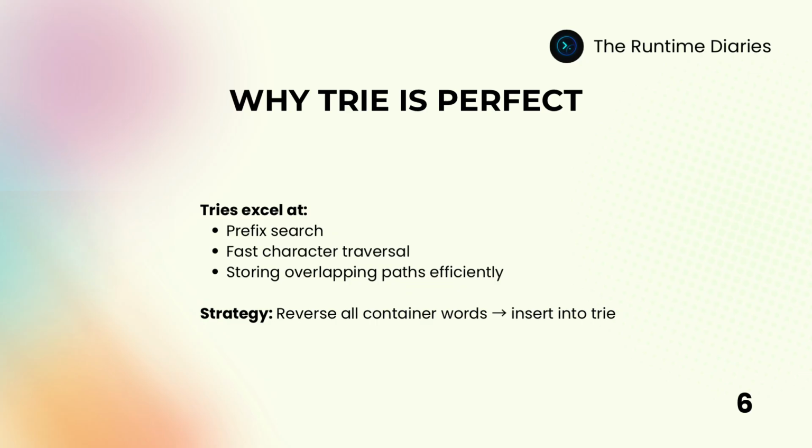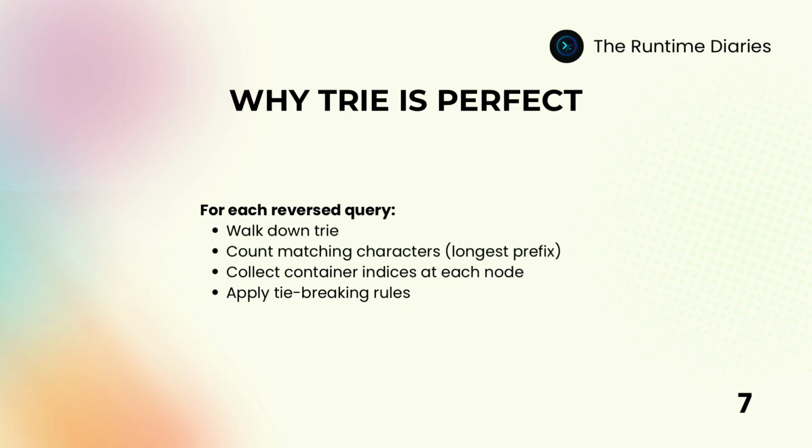So here's the strategy. We reverse all the container words and insert them into a trie. Then, for each reversed query, we walk down the trie, count how many characters match, and collect the container indices stored at each node. The trie nodes store metadata that lets us apply the tie-breaking rules instantly.